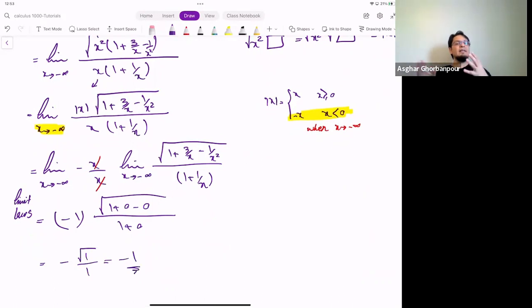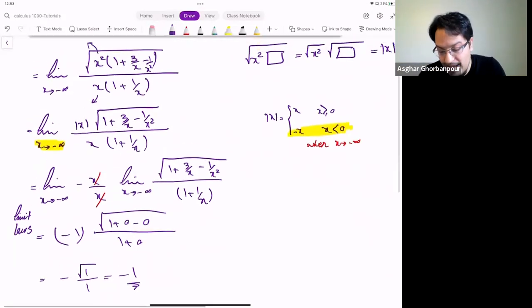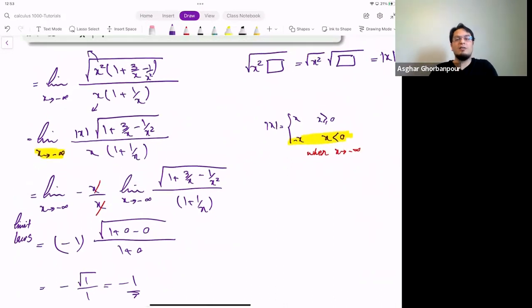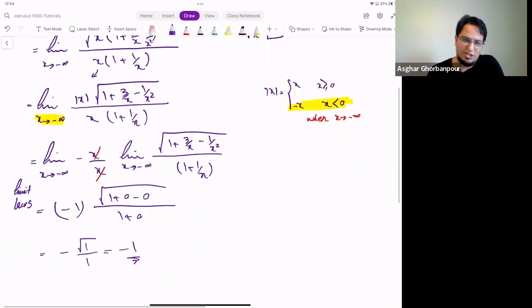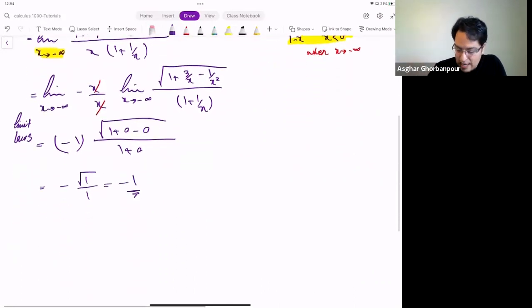And again, this shows a very important fact: you should not bluntly write the root of x squared as x. It is the absolute value of x. When you're dealing with the absolute value of x, it really matters whether you're working with negative numbers or positive numbers. But when x goes to negative infinity, that's a nice, fixed fact.